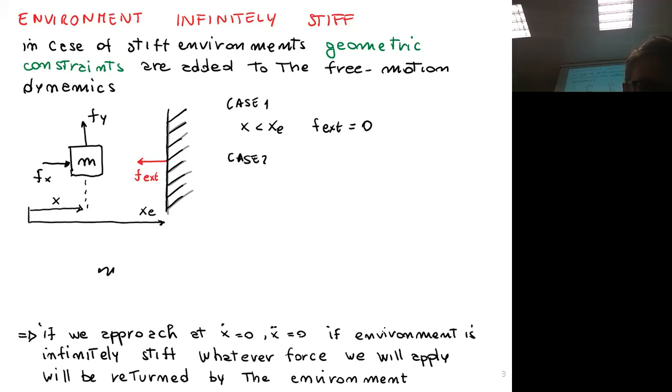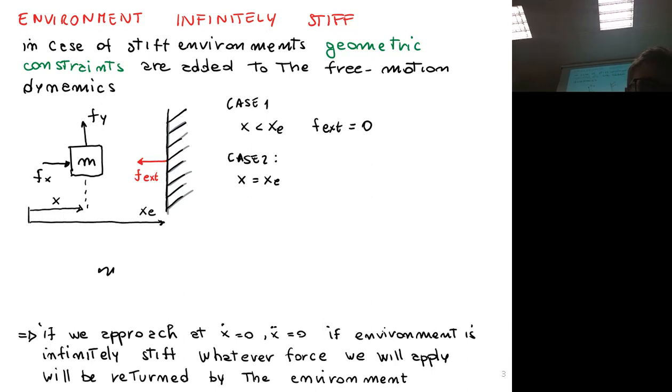Then we can have a second case in which the robot is in contact with the environment and applies 0 force and remains in contact.